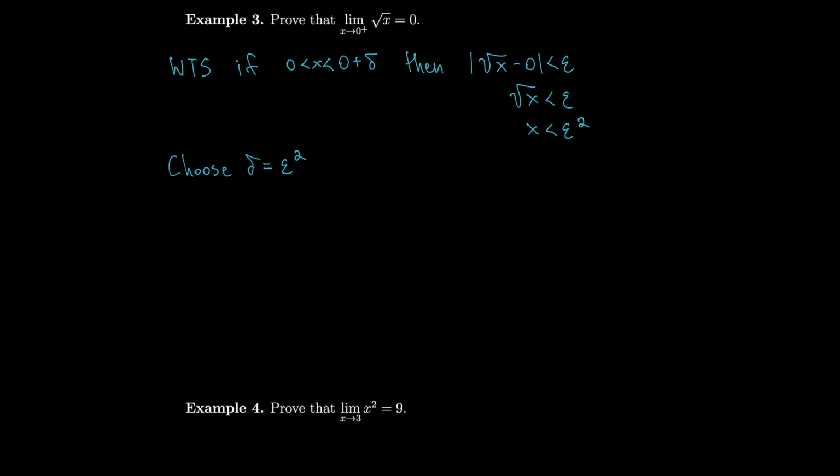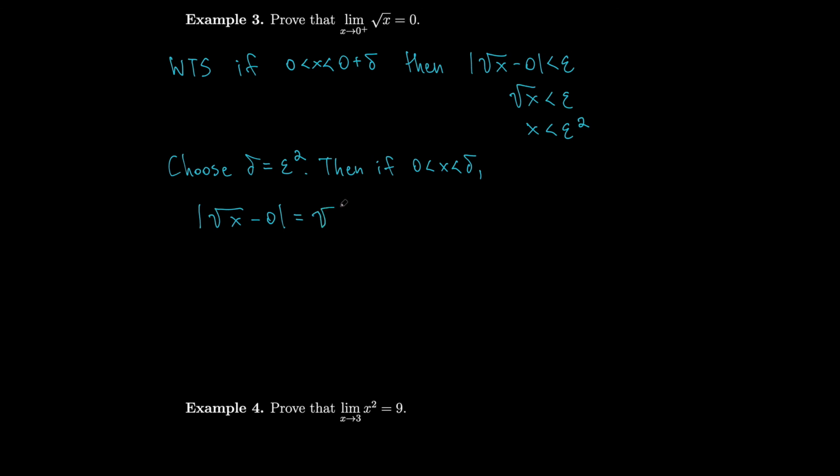Remember, delta will always be a function of epsilon. And let's test it. So if 0 is less than x is less than 0 plus delta, which is delta, then the square root of x minus 0, let's make sure that this thing actually is smaller than epsilon.